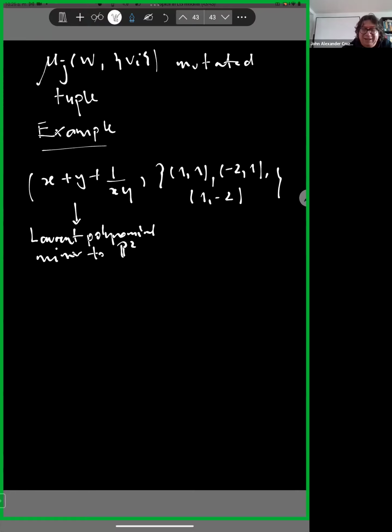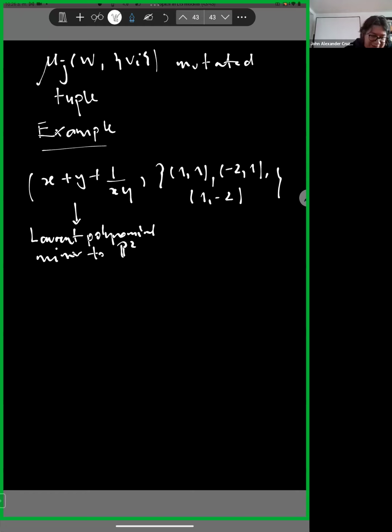But I will say later how to get these mutation directions in an easier way. This collection comes from the Laurent polynomial.